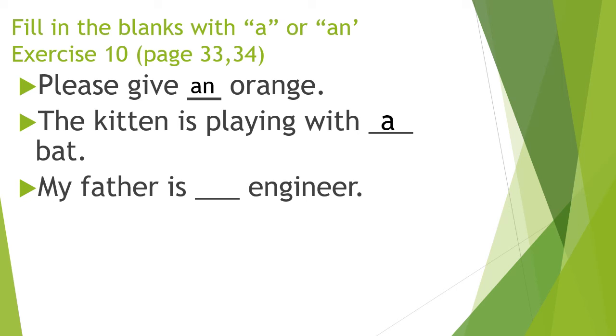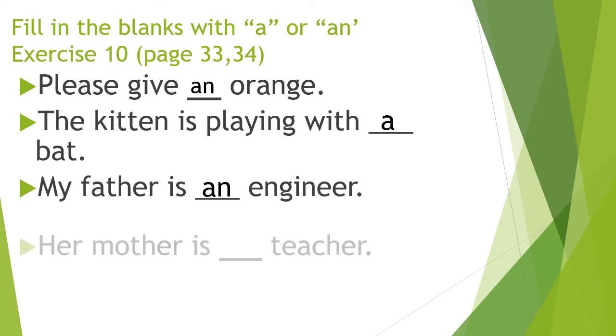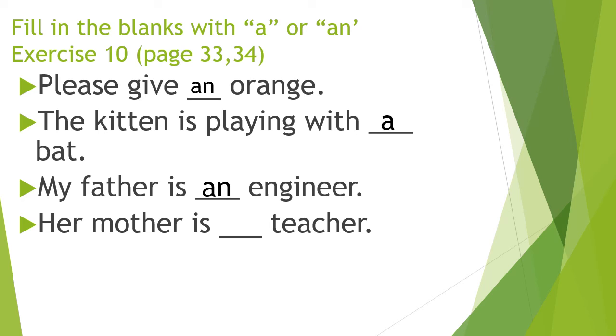My father is dash engineer. My father is an engineer. As engineer has a vowel sound E, so an will fill in this gap. Next is, her mother is dash teacher. Her mother is a teacher.